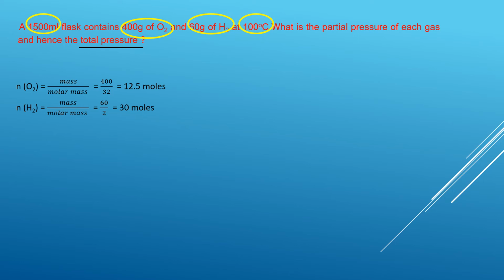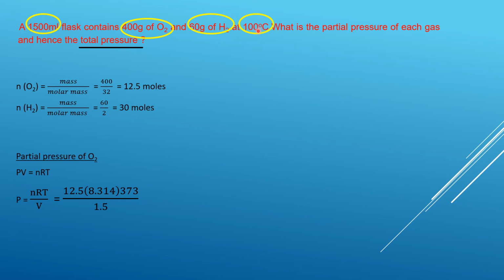Now, let's work out the partial pressure of oxygen first. To do this, we have to find our parent equation, which is PV equals nRT. We need to make pressure the subject of the formula. When we do that, let's substitute our values and see. The mole of oxygen, which we have calculated here is 12.5 moles, times the R, which is a constant 8.314, multiplied by temperature 373.